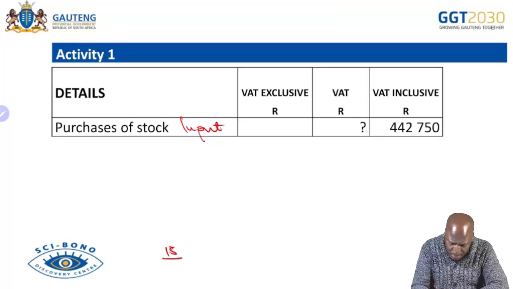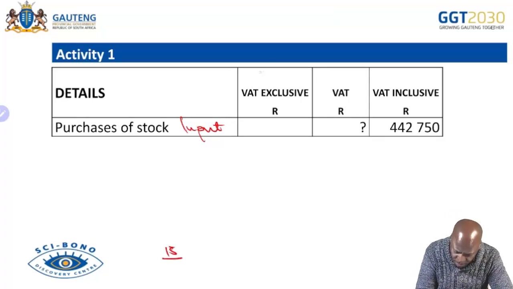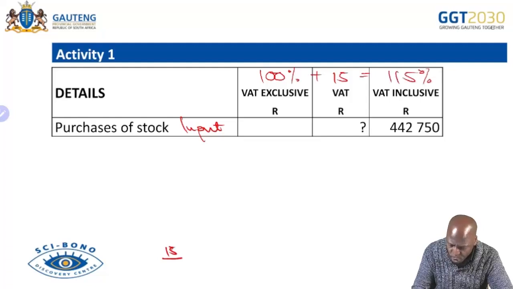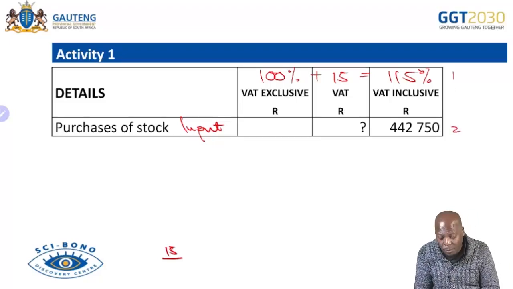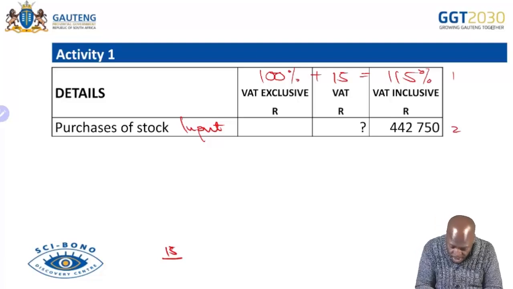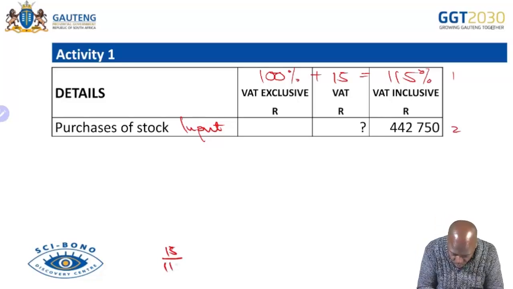Remember, my exclusive 100%. VAT 15. Therefore, if I add these two, it gives me my inclusive 115. So remember, you must have two: the rand and the percentage. So I'm now going to say what I want is 15. What do I have? I have 115.